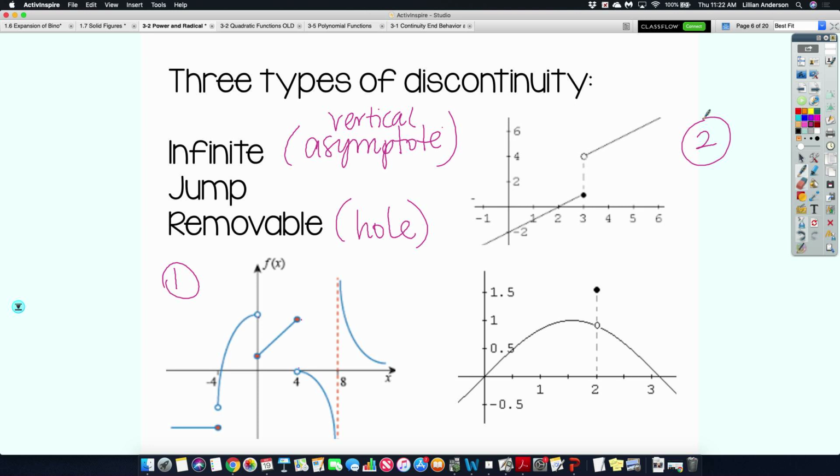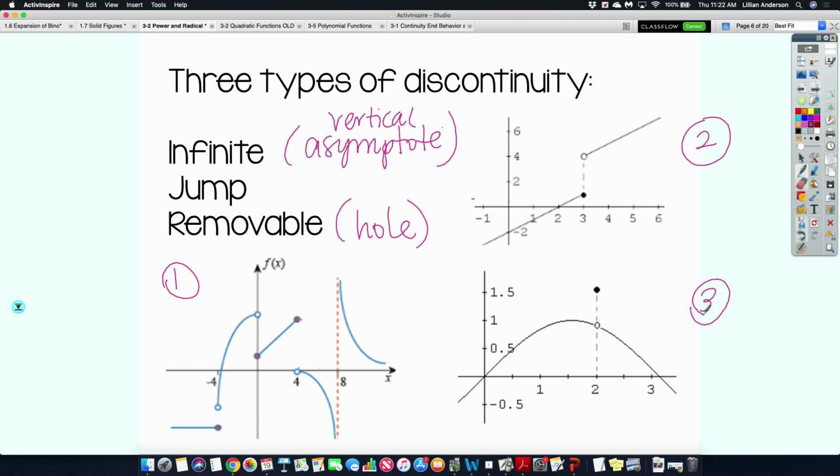What about number 3? It's hole. Okay? You need to be able to identify what type of discontinuity it is. It's going to be one of those 3. Okay? So when you start graphing some of these power and some of these other types of functions that you're going to get, it is going to ask you, is this graph continuous? What type of discontinuity does it have, if it's not? Okay? Questions on that?